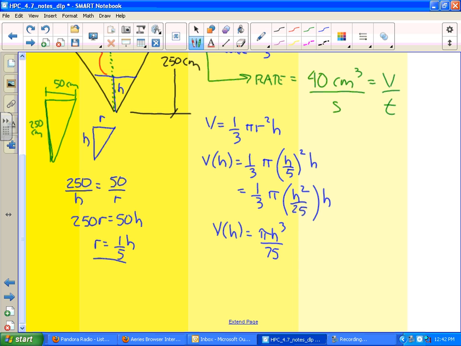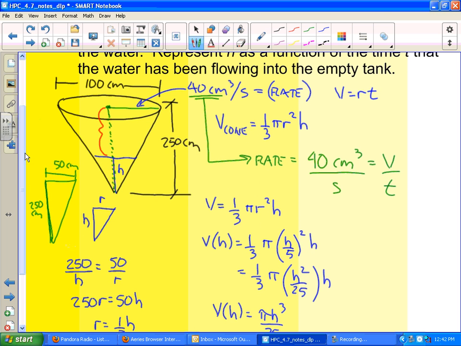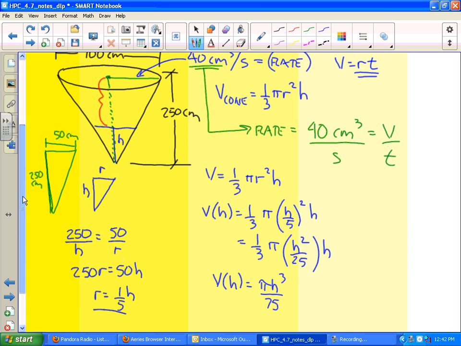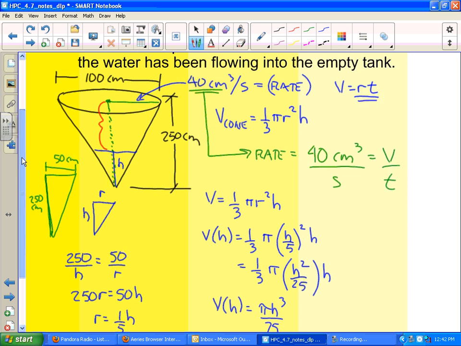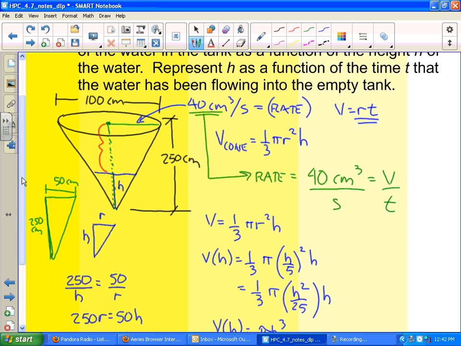We're almost there. Now here's where the 40 cubic centimeter thing comes in. We know that V is equal to RT. I was thinking more along the lines of that we've got 40.